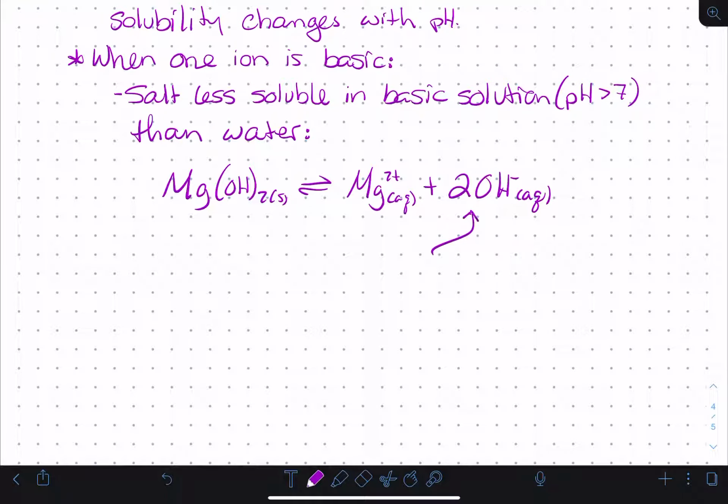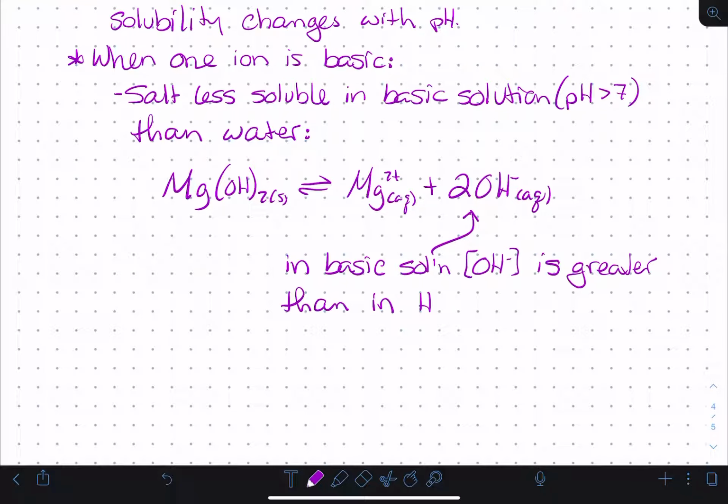So in a basic solution, the concentration of hydroxide is greater than it would be in water. In pure water, it's around 10 to the minus 7th. In a basic solution, it's something greater than that.